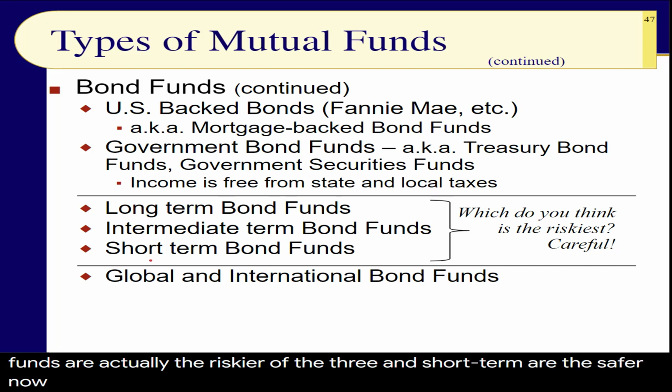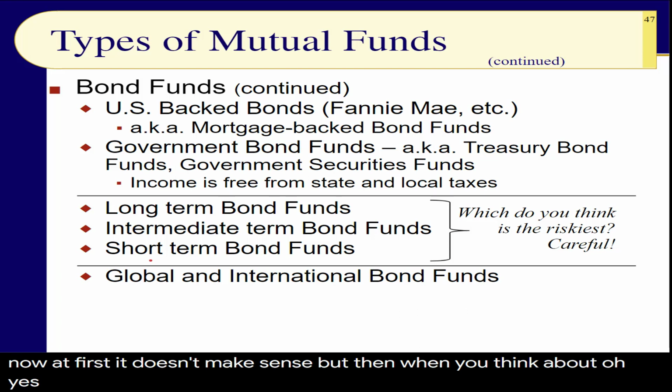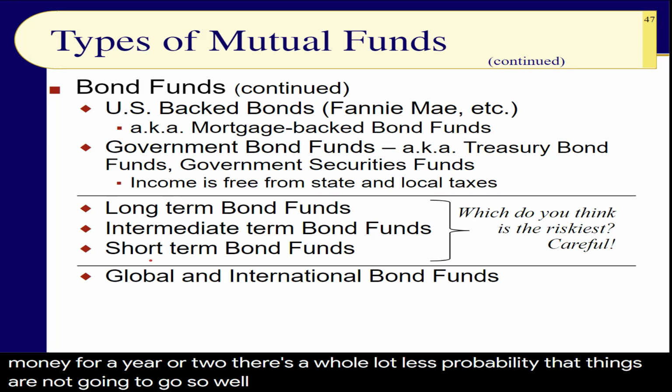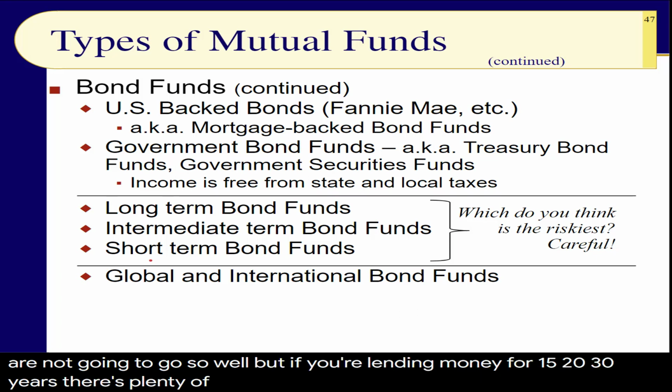Now, at first it doesn't make sense, but then when you think about it, oh yes, when you're lending people money, if you're only lending them the money for a year or two, there's a whole lot less probability that things are not going to go so well. But if you're lending money for 15, 20, 30 years, there's plenty of time for things to go badly.